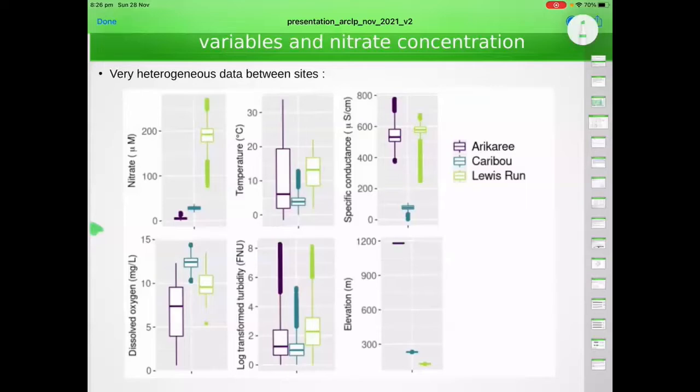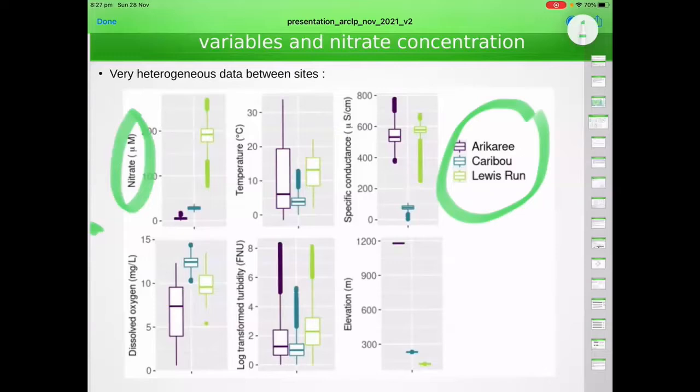You can see on this nice box plot for the three different sites that we have quite heterogeneous data between sites. You can see the difference in nitrate for the three sites, and also for the different variables.